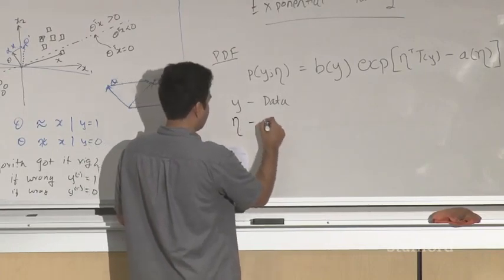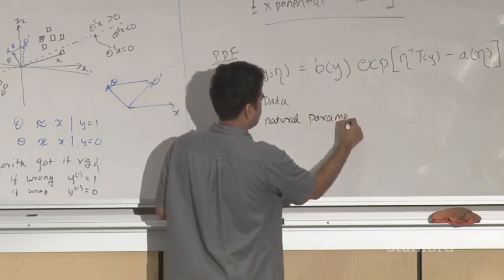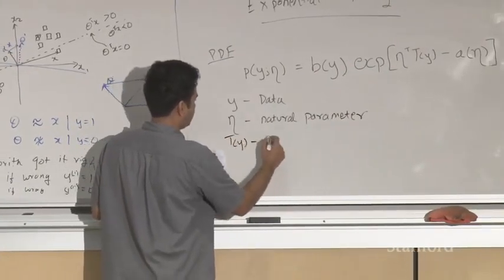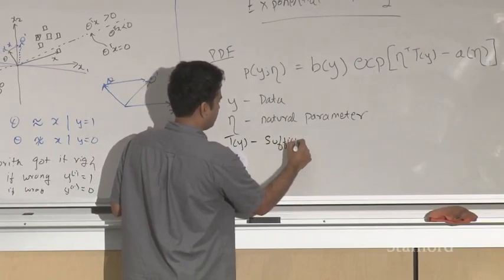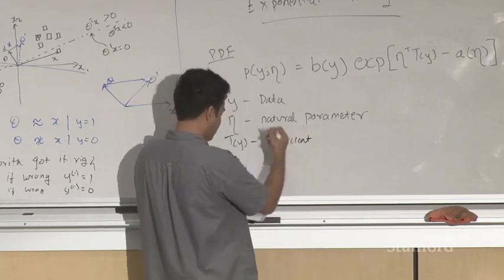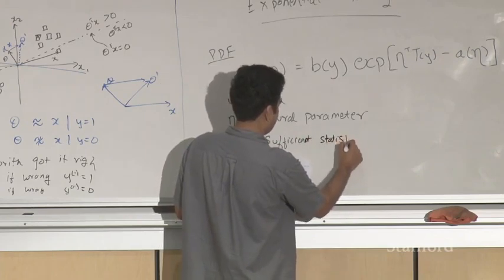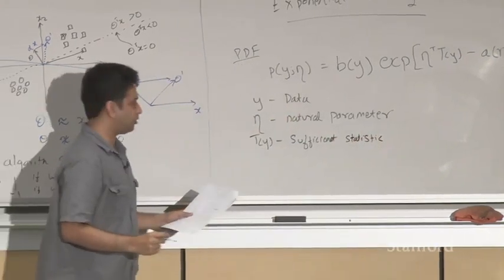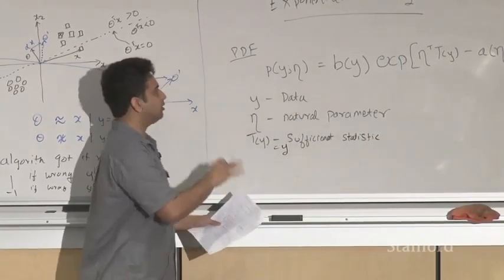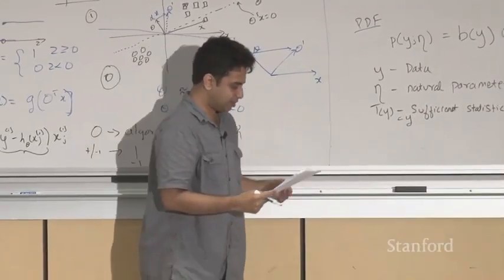Eta is called the natural parameter. T of Y is called a sufficient statistic. If you have a statistics background and you have come across the word sufficient statistic before, it's the exact same thing. But you don't need to know much about this, because for all the distributions that we're going to be seeing today or in this class, T of Y will be equal to just Y. So you can just replace T of Y with Y for all the examples today and in the rest of the class.